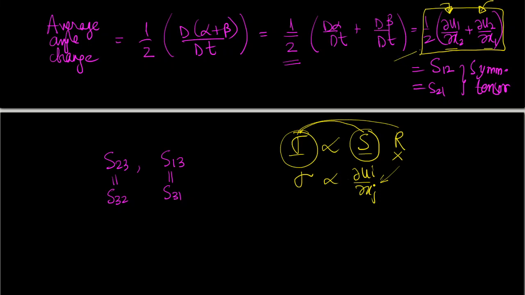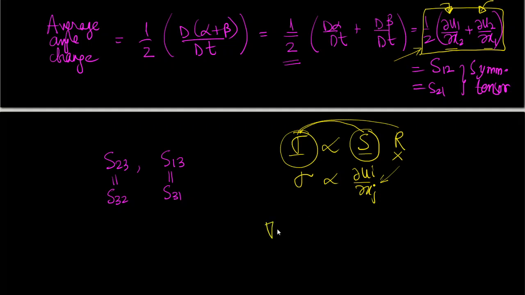Hence that combination of terms has to come. Actually, in tensor form, the velocity gradient is written something like this, and S, which is the symmetric part, is simply grad V plus grad V transpose. So constitutive relationships are always in terms of this tensor, never in terms of this or this.